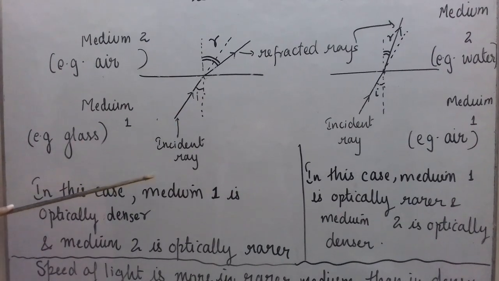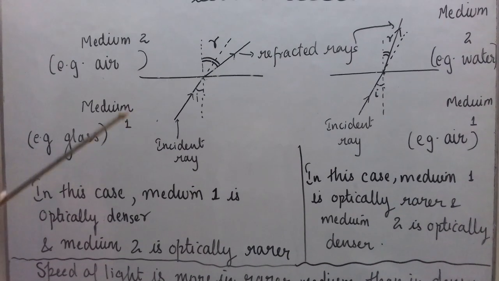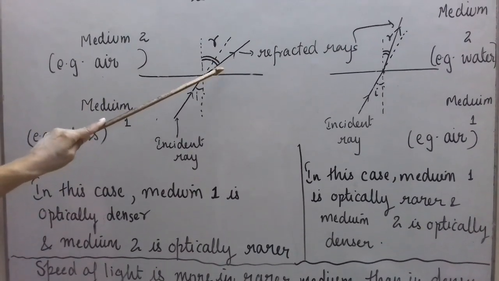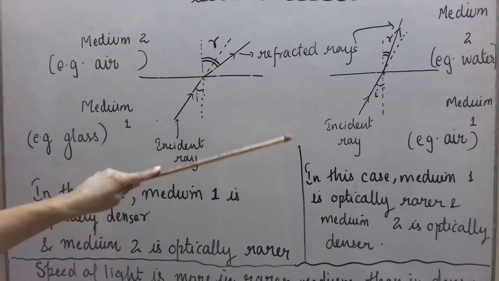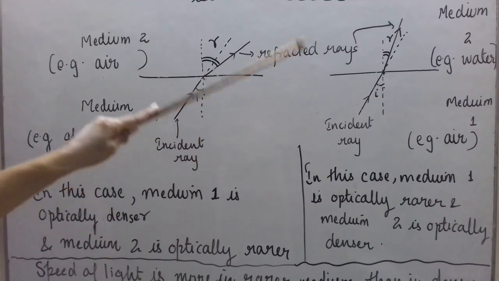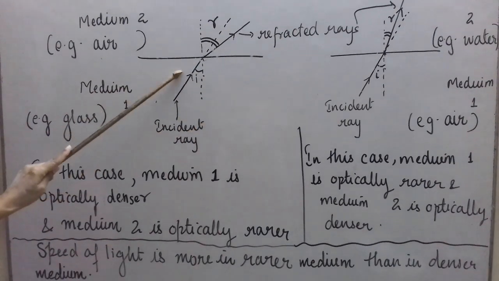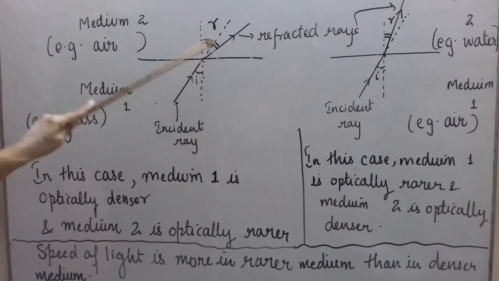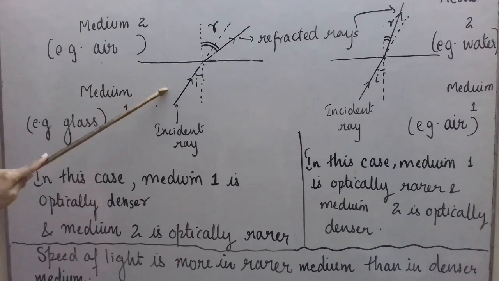So we can always remember that whenever light travels from a denser medium into a rarer medium, it bends away from the normal. When the light enters from a rarer medium into a denser medium, it bends towards the normal. Or we can say that when the light, after entering the second medium, bends away from the normal, then the second medium is optically rarer and the first is optically denser.